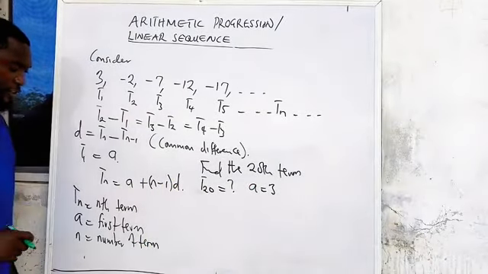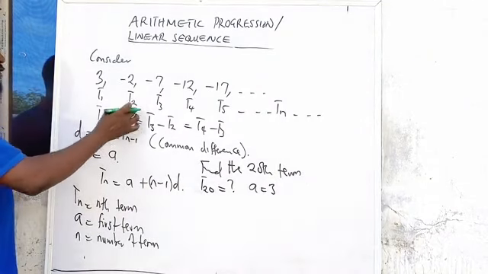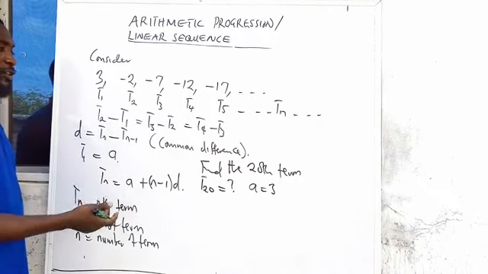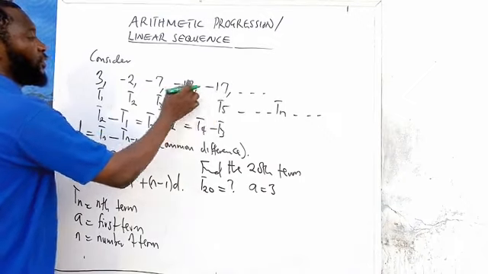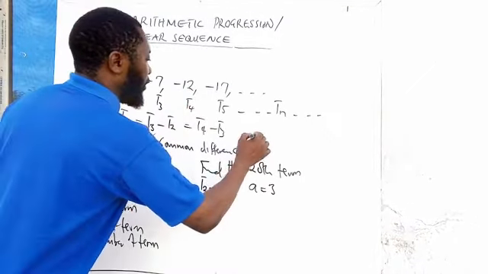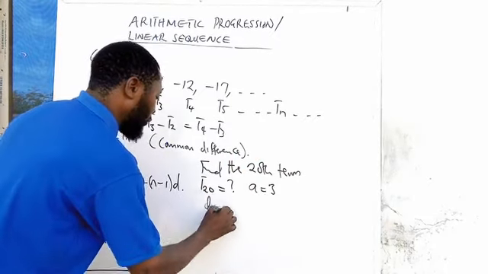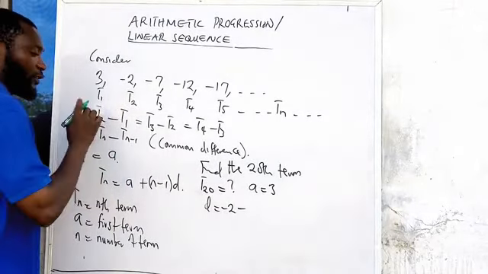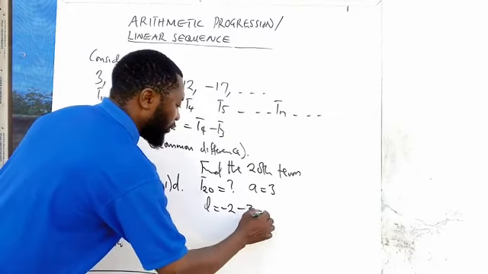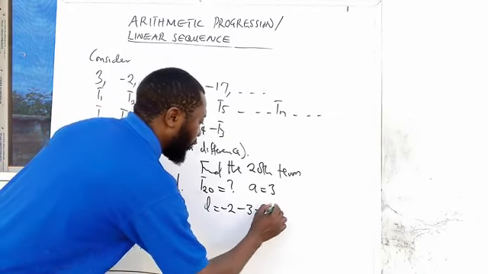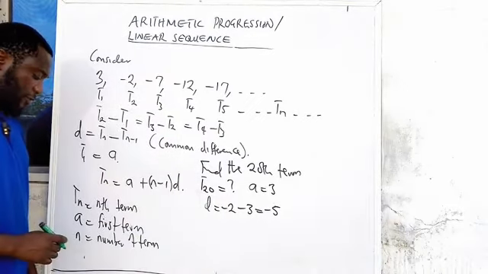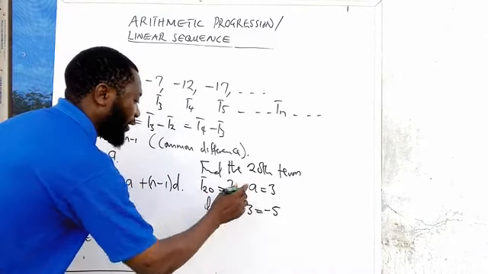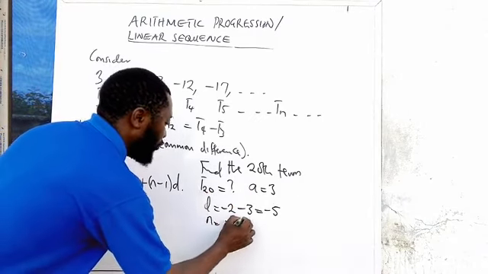What's the common difference? I said earlier, second minus first, or third minus second. So let's say our common difference D equals -2 minus 3, that is -5. Meaning our common difference here is -5. Then n: the question says 20th term, it means n equals 20.